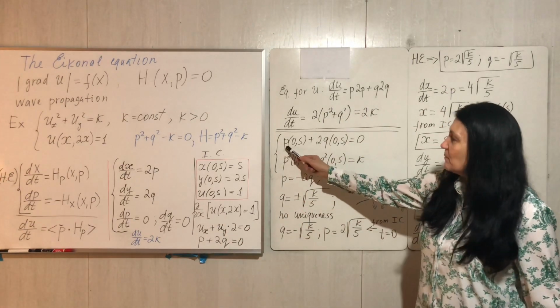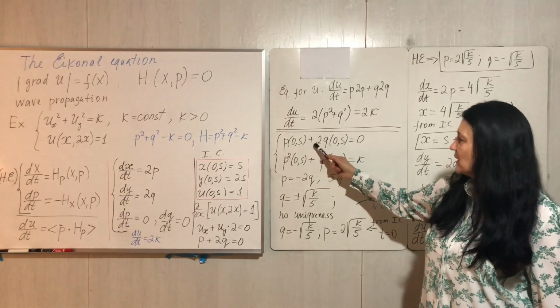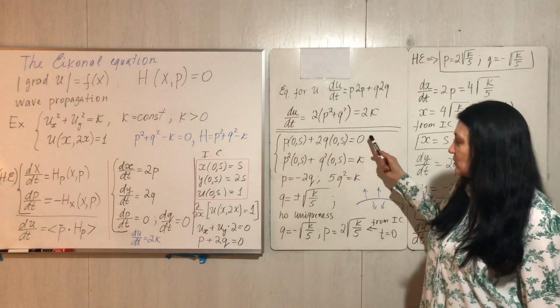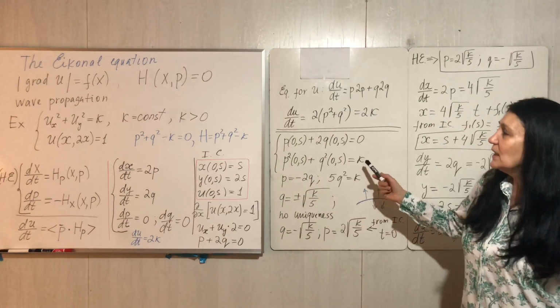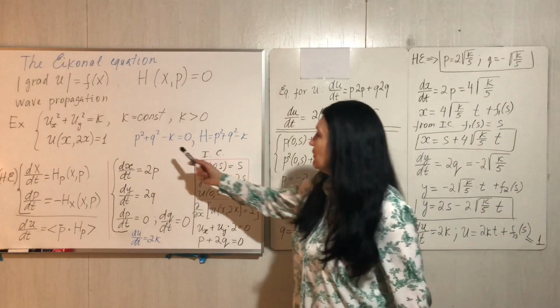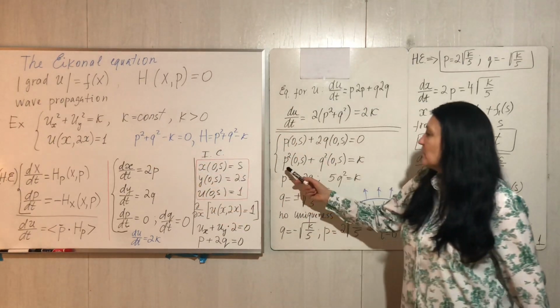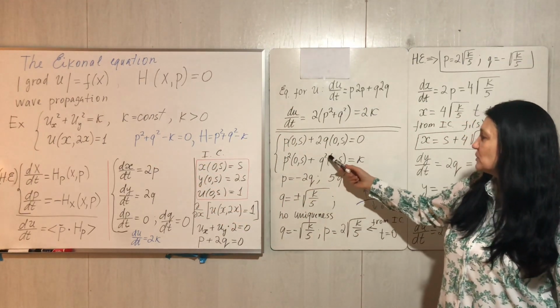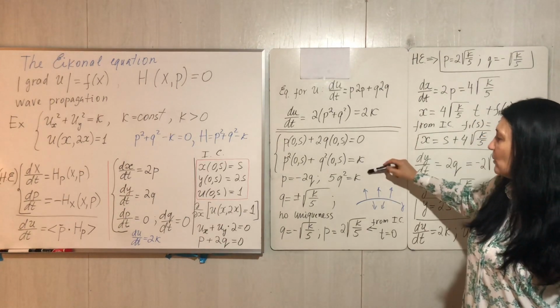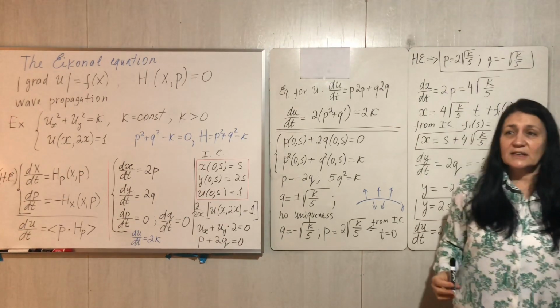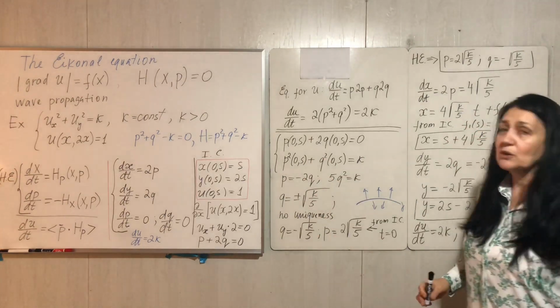We can write that p at 0s plus 2q at 0s equals 0. This is the equation we got. And the second equation is just our differential equation: p squared at 0s plus q squared at 0s equals k. So now we have our system to define initial conditions for p and q.